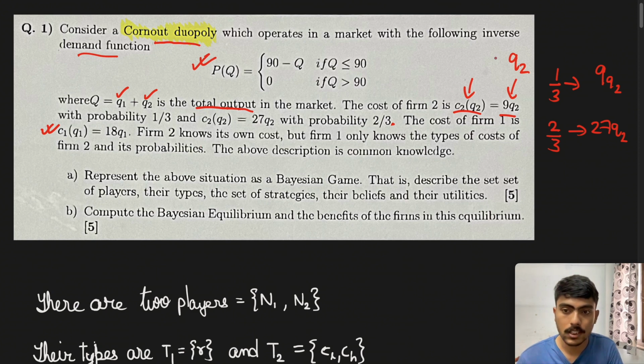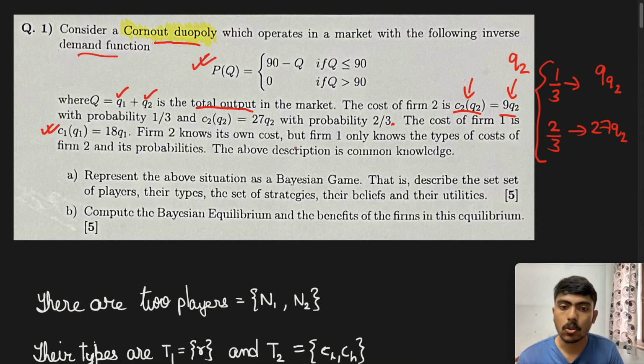As we discussed here, firm 1 only knows this particular probability of what firm 2 can opt for, but firm 2 on its side knows with 100% probability what it will do, right? Both the parties are not communicating with each other in this market scene.